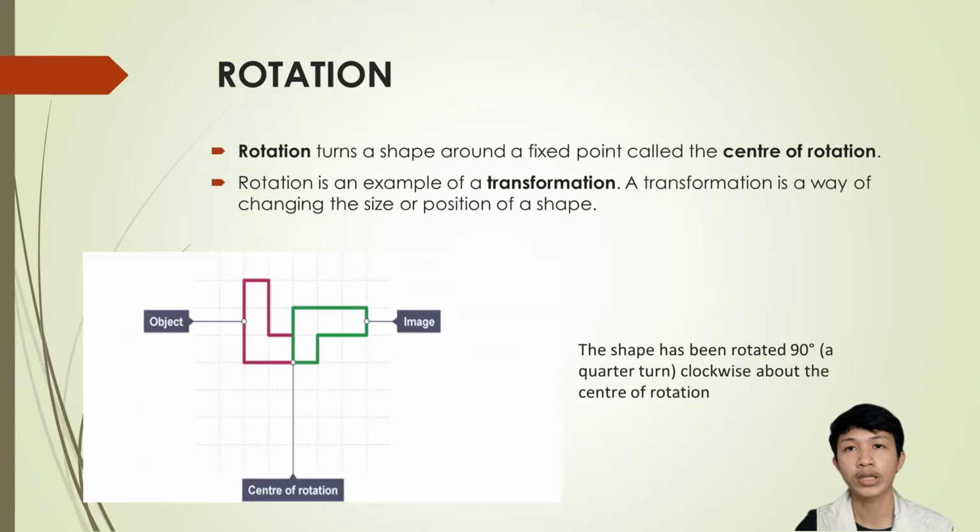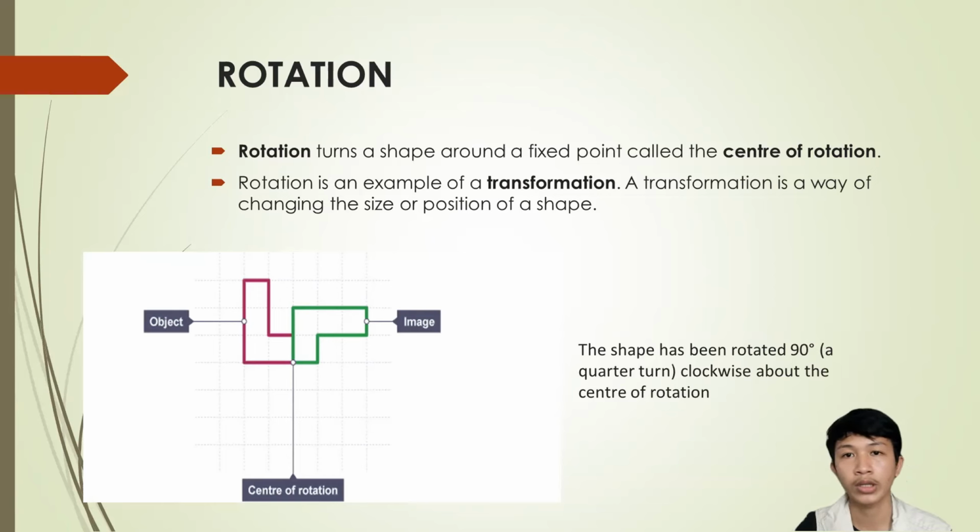Another example is rotation. When we say rotation, the shape twists or rotates by a certain degree. Rotation turns a shape around a fixed point called the center of rotation. Rotation is another example of transformation. Let us see it in the image.